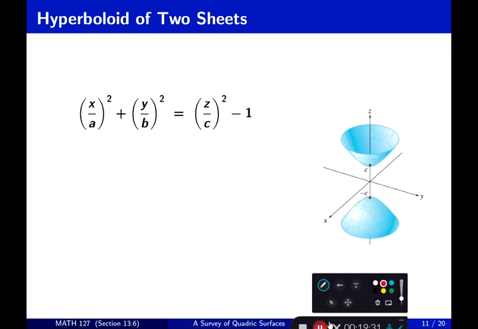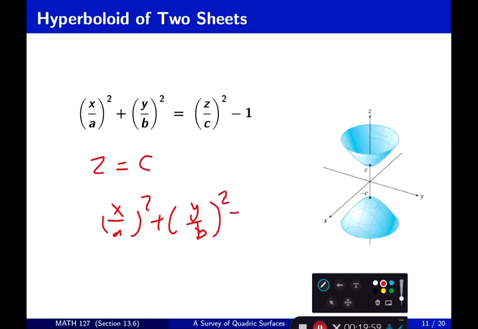So when z is equal to c, then you get x over a to power 2 plus y over b to power 2 is equal to c over c to power 2, which is 1, minus 1 is equal to 0.